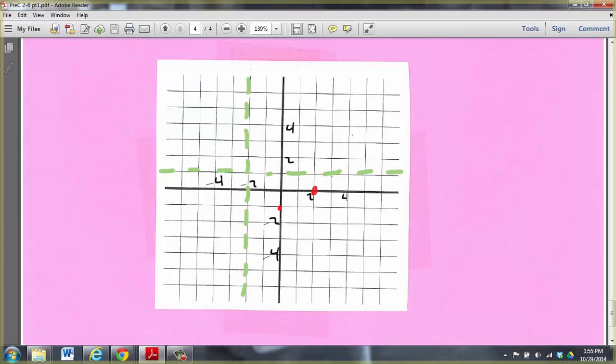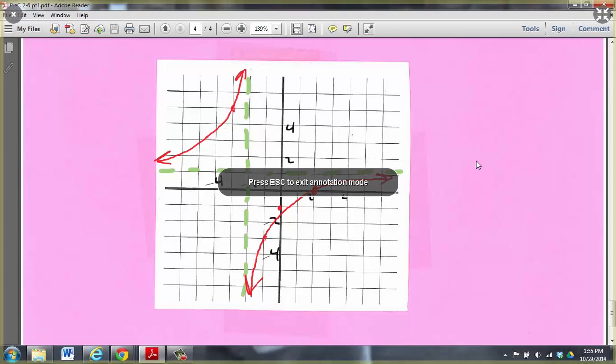We also know that at -3 it was all the way up to 5, which is right here. And at -1 it was at -3, which is right here. So our graph is going to look like this. And that's what we do to graph the rational functions.